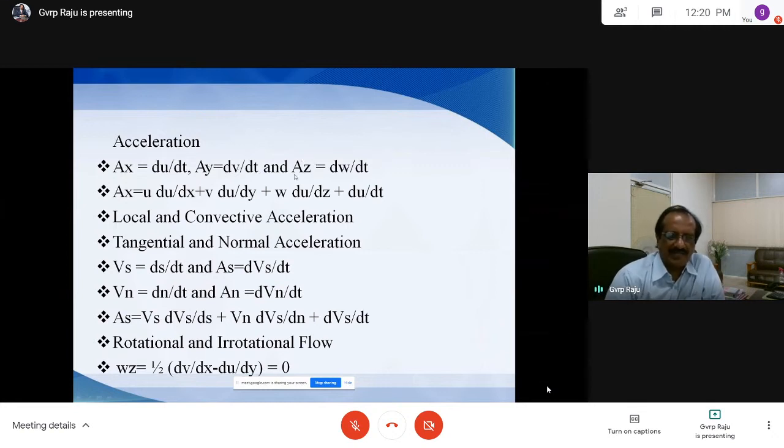And the acceleration in the z direction is the change of velocity dw by dt, limit dt tends to 0, that is the change of velocity in the z direction by time.